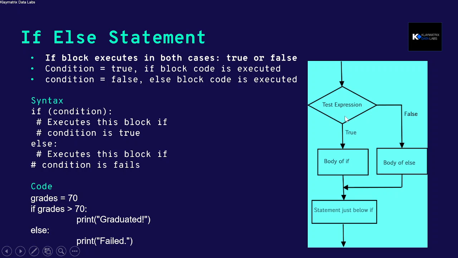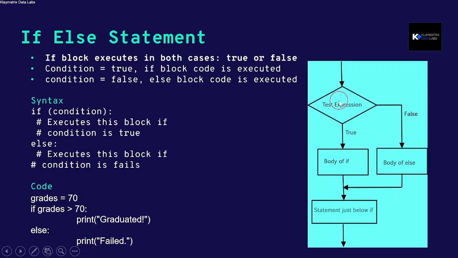If the condition is true, the block just after the if part is executed, and if it is false, then the block after the else is executed. So you can think of the if else statement as two blocks, one just after the if statement and the other just after the else statement, right? In either case, true or false, the if or the else block will be executed.